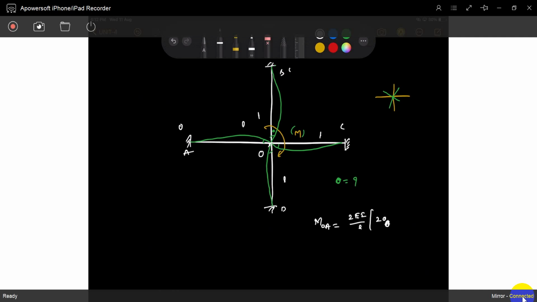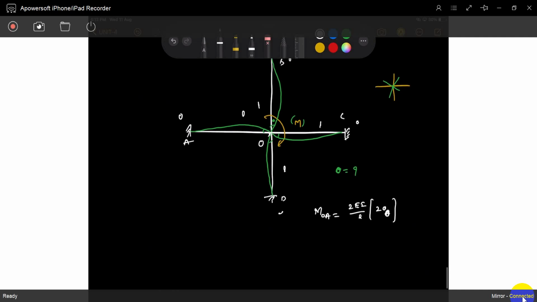Same thing for OA, OB, OC, OD, everything is the same.